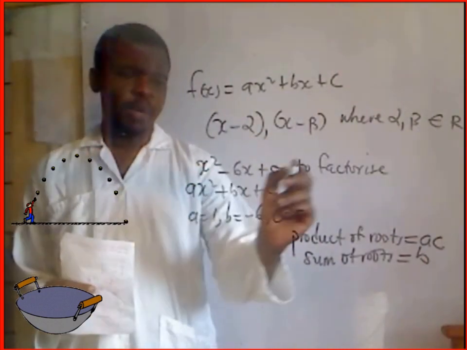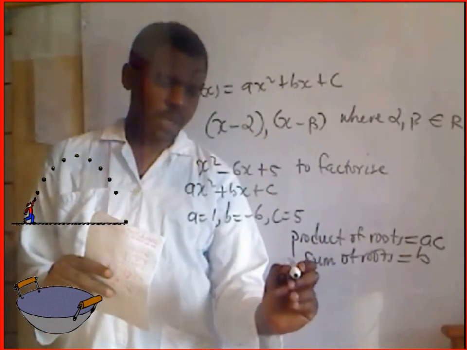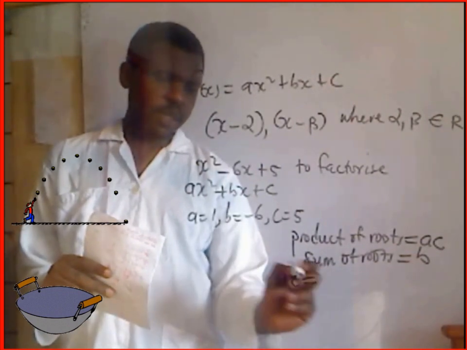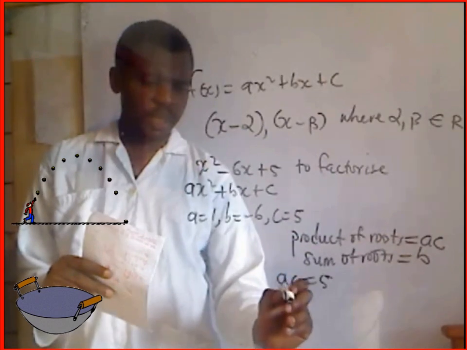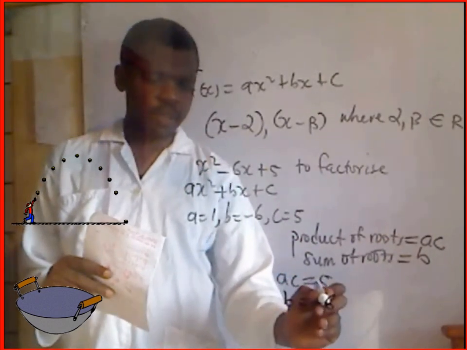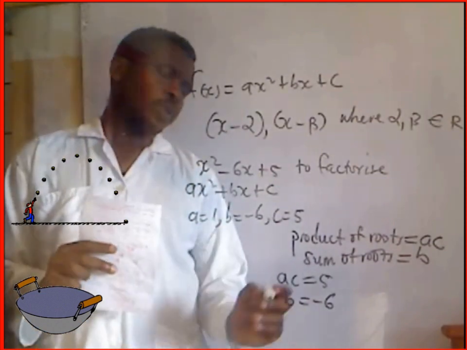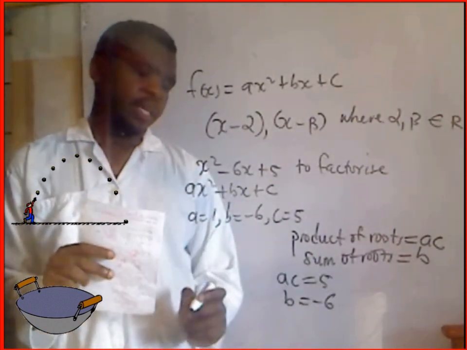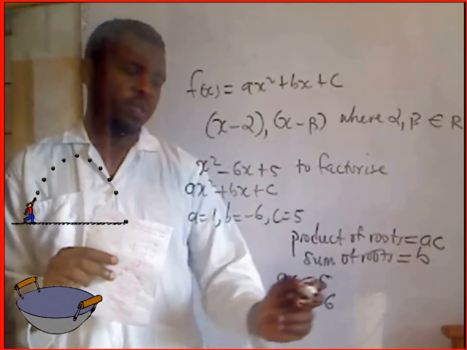Looking at my equation, my product of roots a times c is equal to 5, and the sum of roots b is equal to minus 6. What do I do with this sum and product? I ask myself, what two numbers will I multiply that will give me 5, and when those numbers are added will give me minus 6?